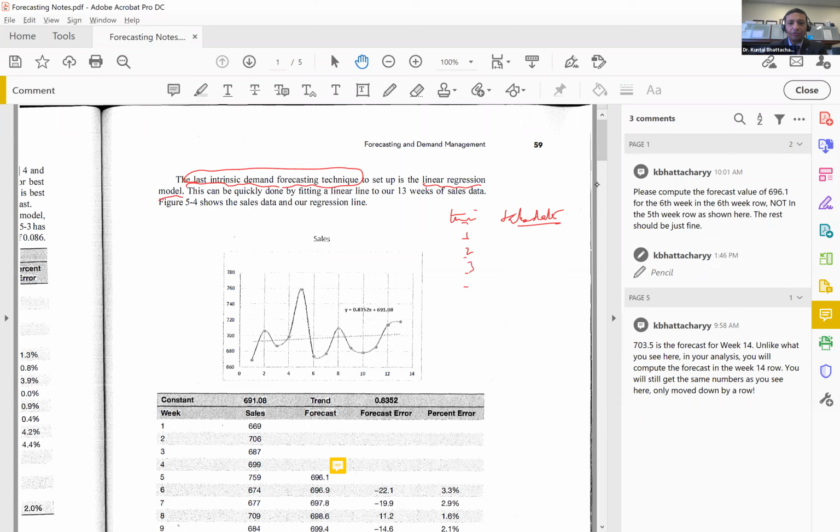So 1, 2, 3, all the way till 13 weeks, and you have sales data. That's all you have. You are not using anything outside of the sales data set. Okay, so that's what makes the basic time series regression. Time series meaning your x-axis is time and your y-axis is sales.